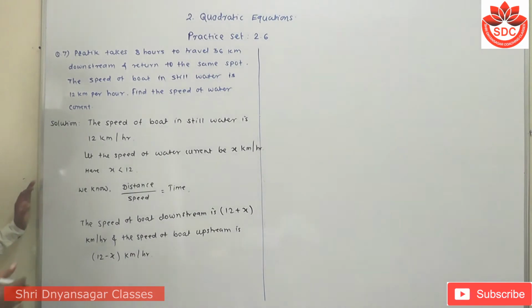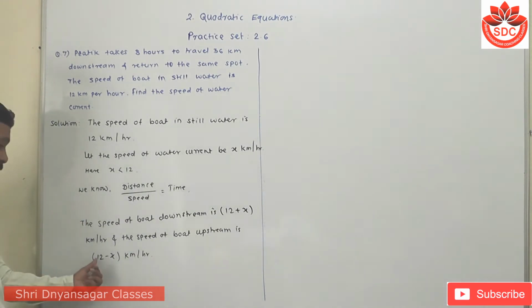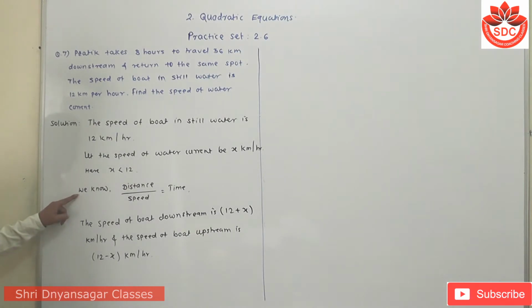Against the direction of the current, resistance is created for the boat, so the speed decreases to 12 minus x. Then we use this formula to solve the example.